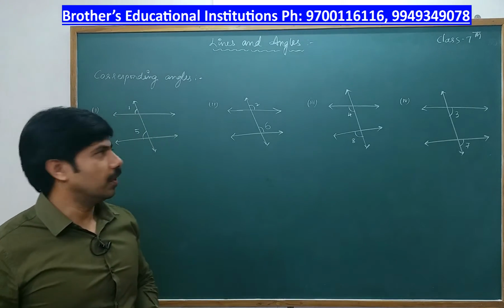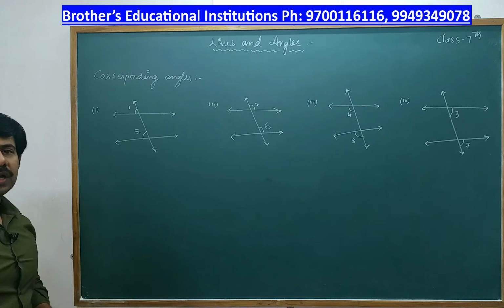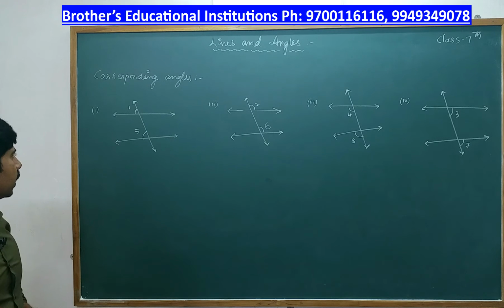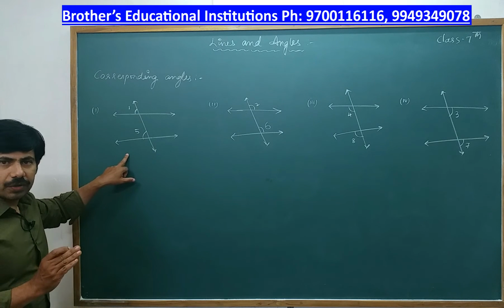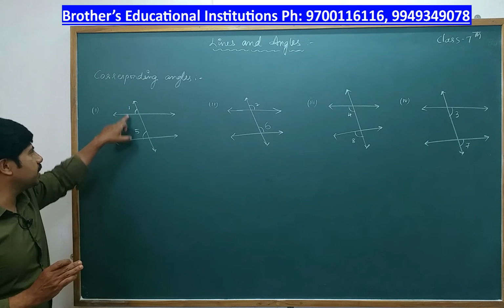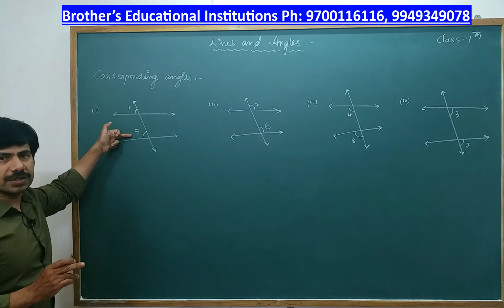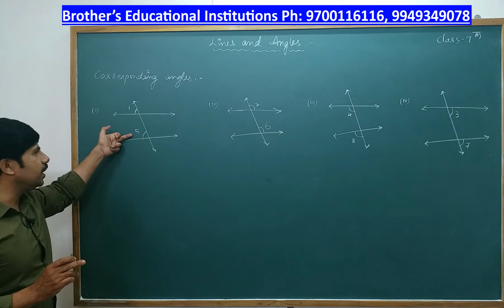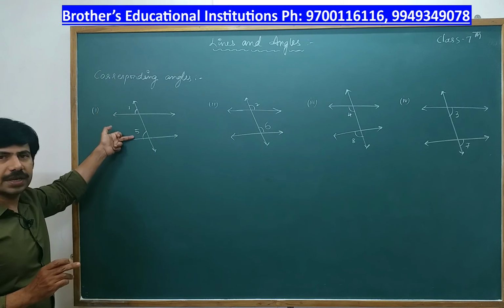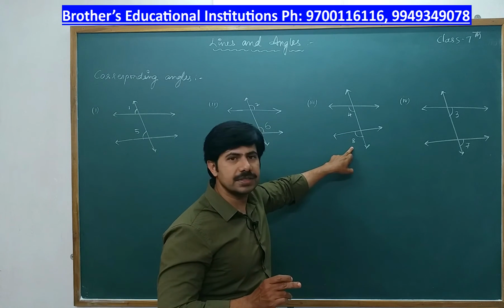Next one. See, now we see corresponding angles. What are corresponding angles? Corresponding angles are those angles, the angle should lie on the same side of a transversal. So same side, either left side or right side. So angle should lie on the same side of a transversal, and one is exterior, one is interior, or one is interior, the other one is exterior.